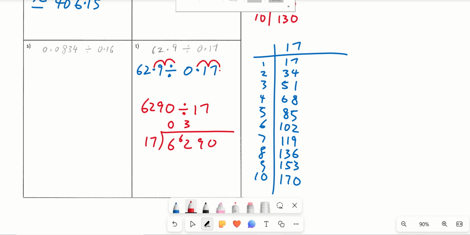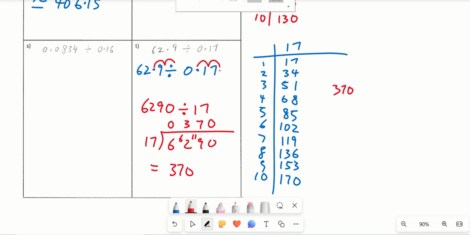So we put 11 next to the digit of 9, which makes 119 in the next column. 7 17s go into 119, so that gives us no remainder. And so therefore, our answer in this case is 370.